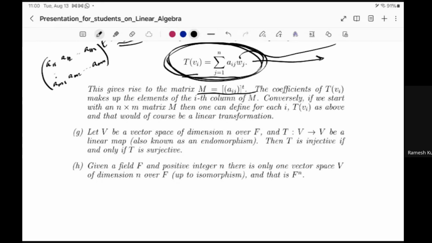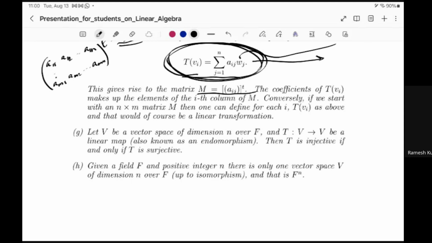So if you have some linear transformation that goes from V to V, and this V happens to be a finite dimensional vector space, then it is injective if and only if it is surjective. Okay, and it is in fact true in the general case of free modules, but we don't have to go there in case you don't know it.